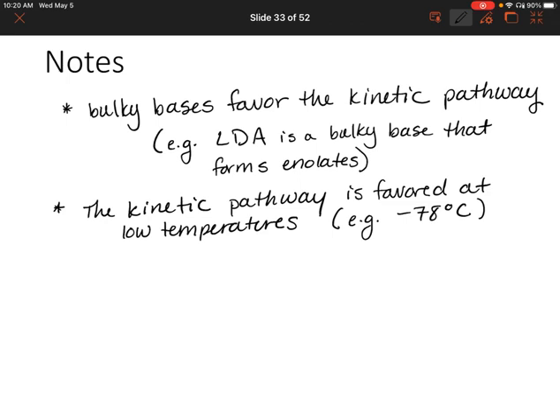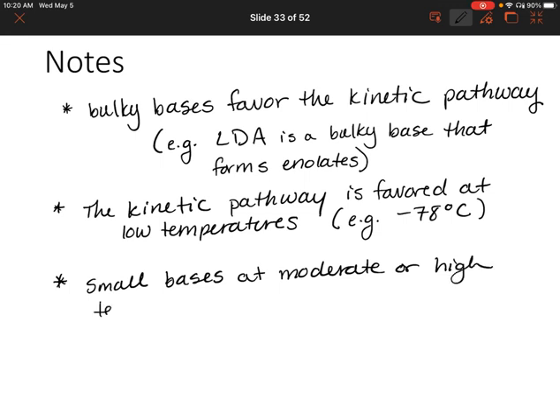Now, if we want to favor the thermodynamic pathway, then we're going to use a small base at moderate or high temperatures. So small bases at moderate or high temperatures favor the thermodynamic product.